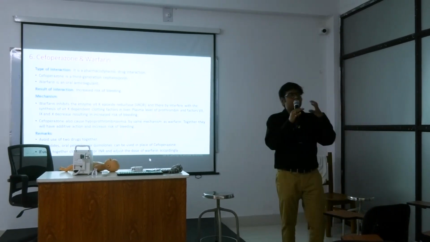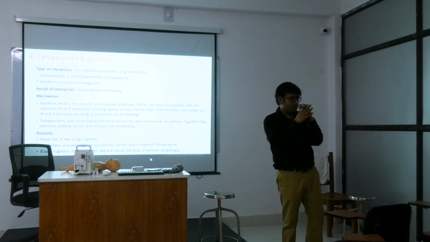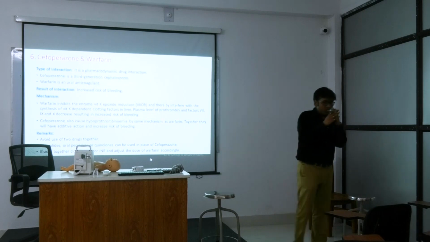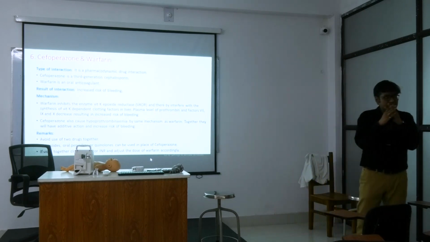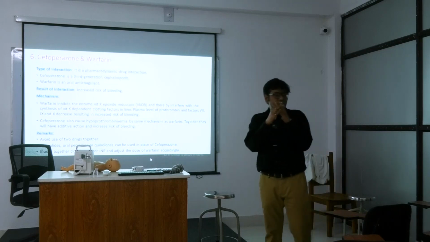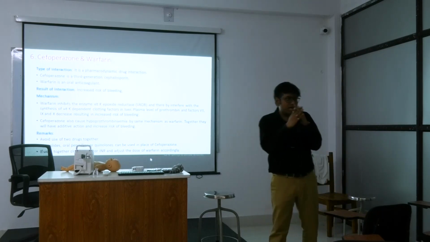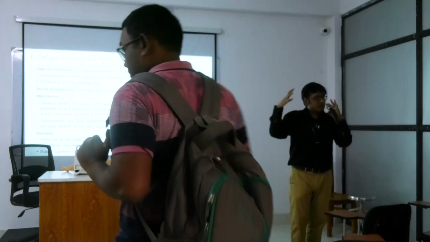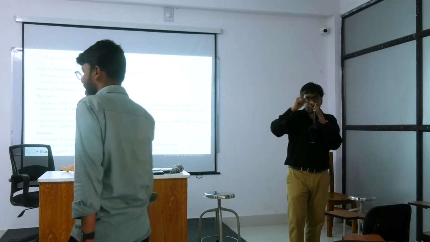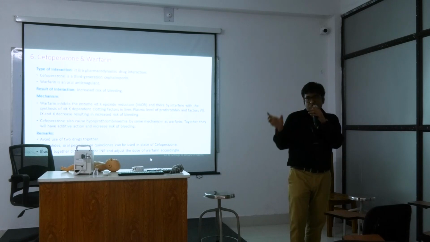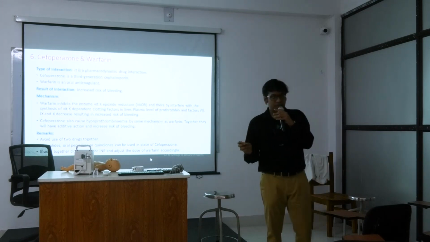Pharmacokinetic means when two drugs are being taken together and interacting with each other, one drug is affecting absorption, distribution, metabolism and elimination of another drug. Either absorption or distribution or metabolism or elimination or any of these taken together. One drug is affecting pharmacokinetics of another drug, then that is a pharmacokinetic drug interaction.